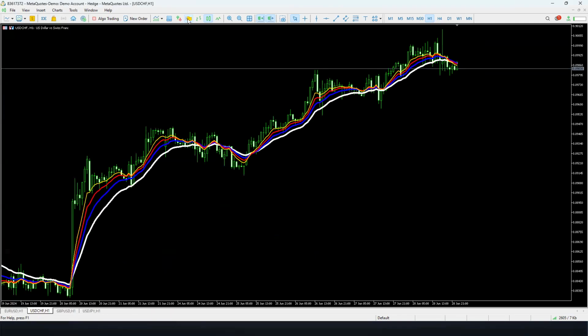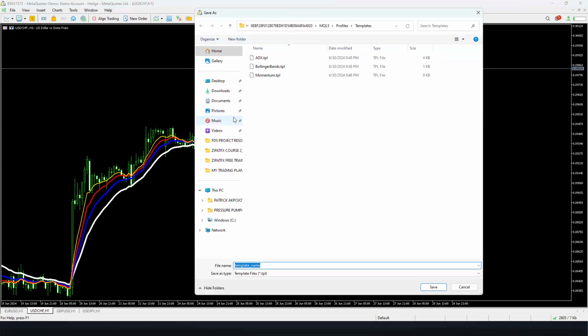Now this template, I'm not going to save it yet. Remember, I added this to template. So I click on this template, click on save, and I give it a name, say ZipatFX trend trading system.